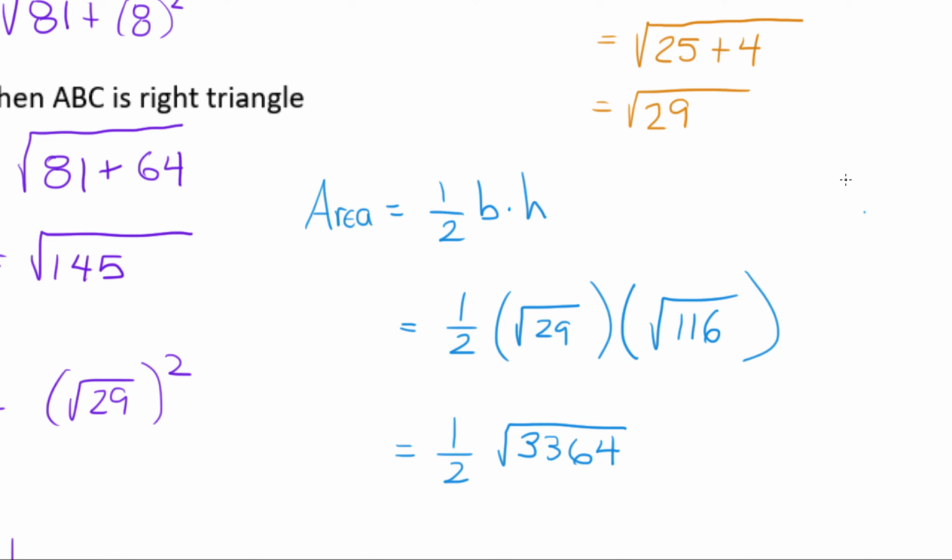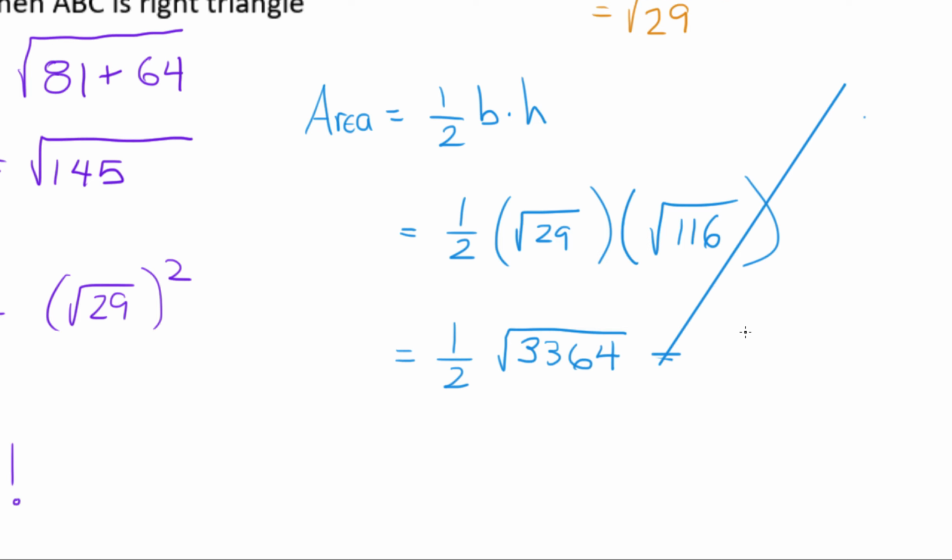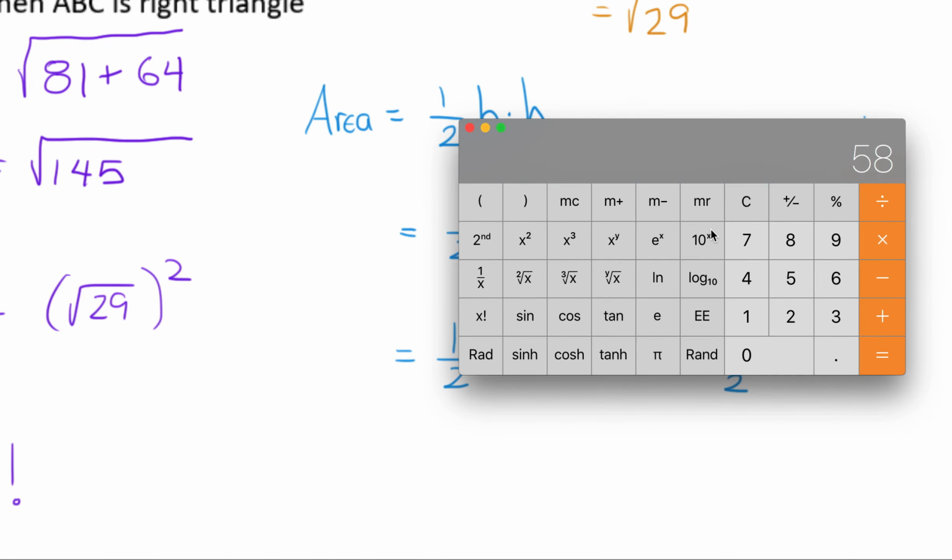Yep, glitches. A little bit of glitches here going on. Sorry about that. So 58 divided by 2, right? Because 1/2 times 58 is 58 divided by 2. And what is that equal to? Let's take our calculator.